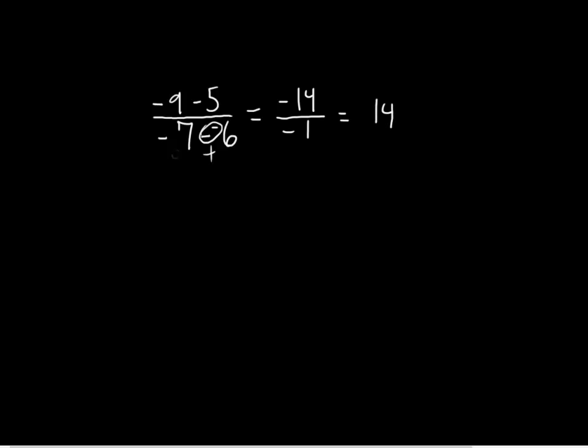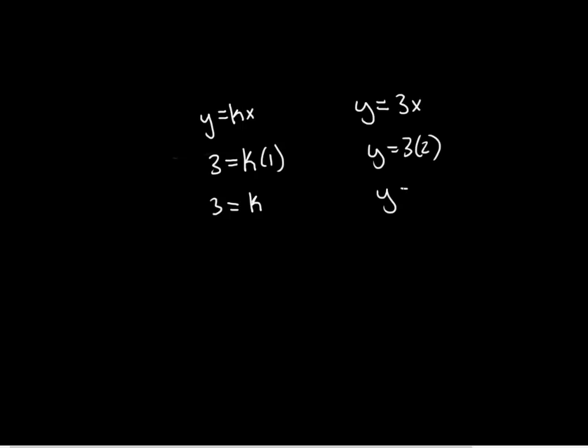There's your slope. And now use either one of the points. y minus y1 will be y minus 5 equals slope times x minus x1, and minus -6 will become +6. You can use the other point also.